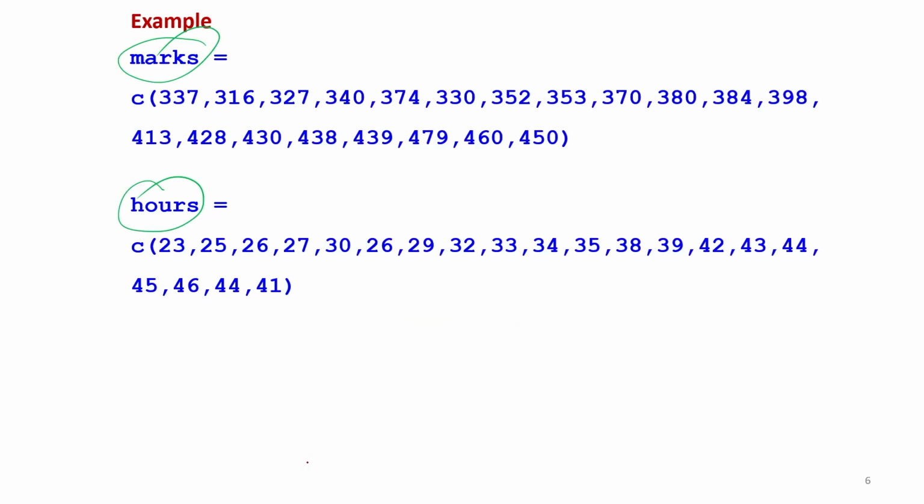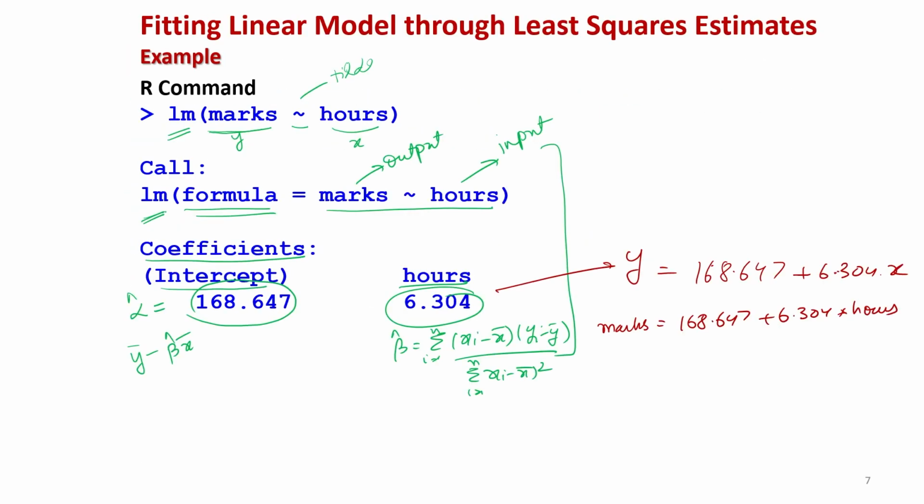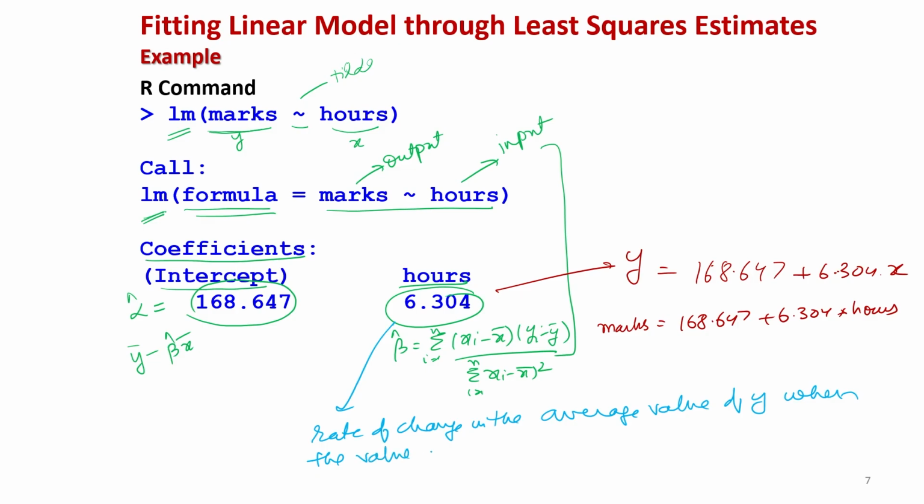Now, this model can be used for different purposes, and you can infer different types of interpretation. For example, the coefficient of hours gives you the rate of change in the average value of y when the value of x changes by 1 unit.